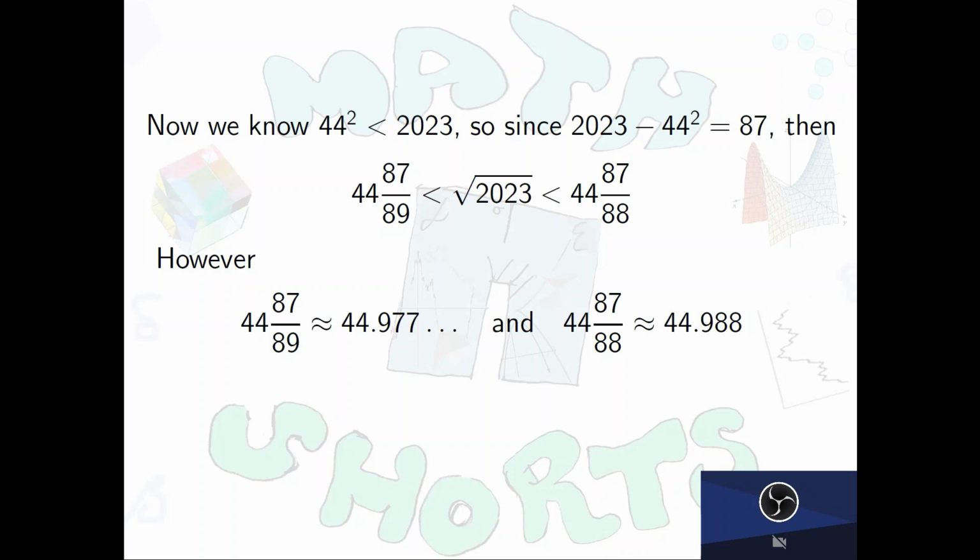And if we were really ambitious, we can tell here, just by looking at the first decimal place, it's going to be 44.9 something. So I could say, oh, 44.9 squared is less than 2023, and I can go back and do the same process. I go 2023 minus 44.9 squared, get something, do the same sort of process. And I could do this over and over and over, and each time I would get one more decimal place.